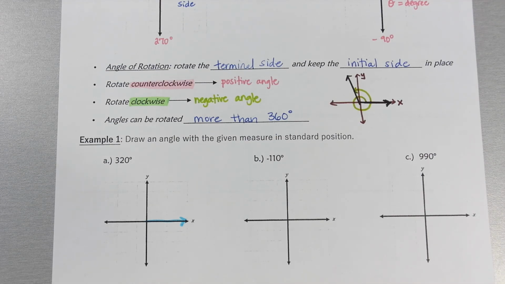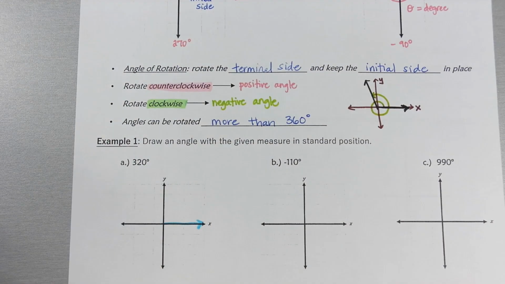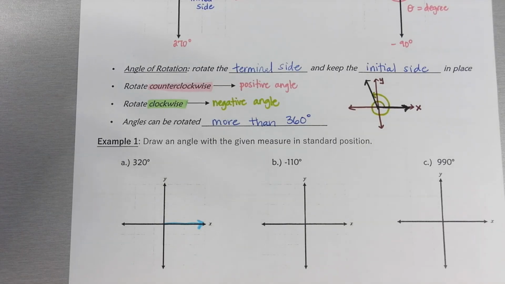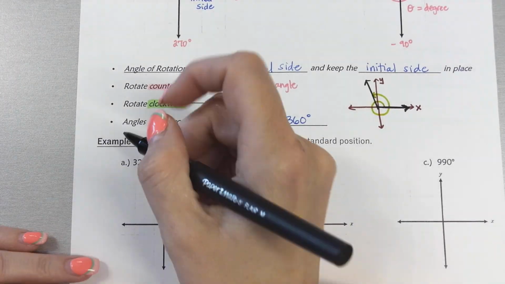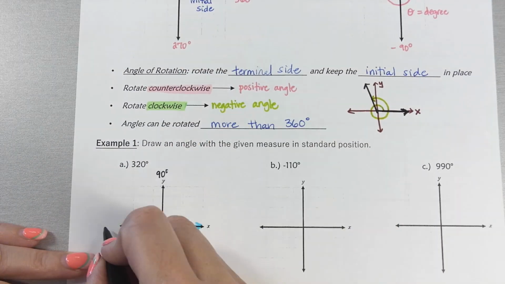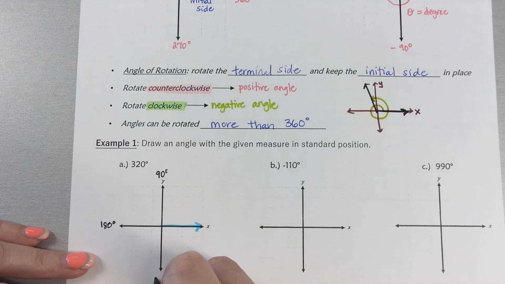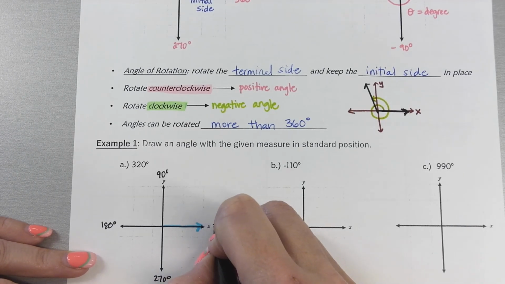So with the 320, this is what I want you to think about. Okay. So when you are trying to find 320, if you're not sure, then the first thing I would do is start labeling. So we know that this is 90 degrees, 180, 270, 360.